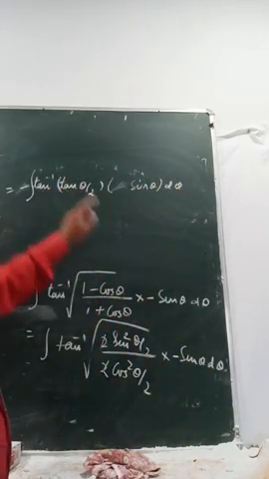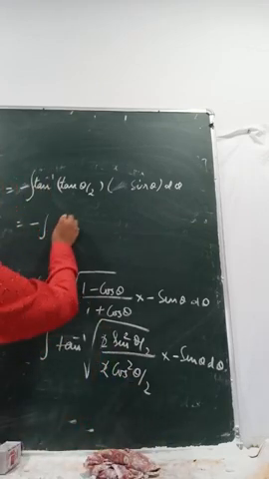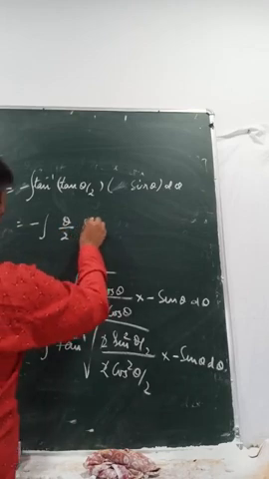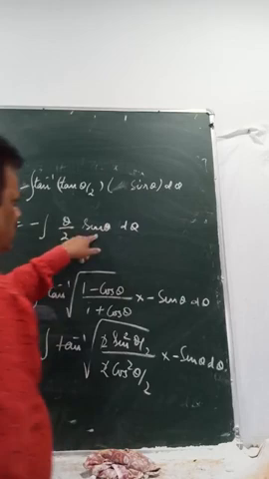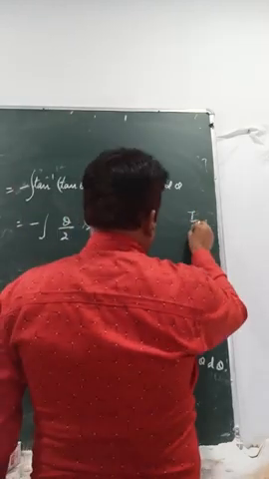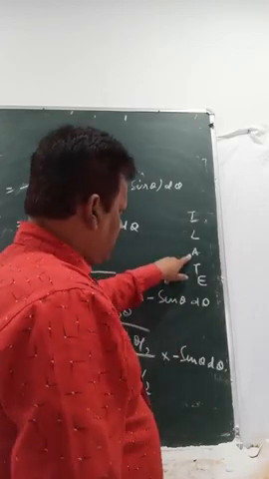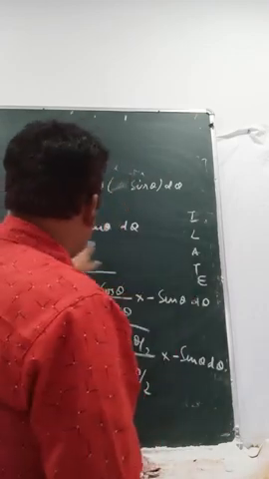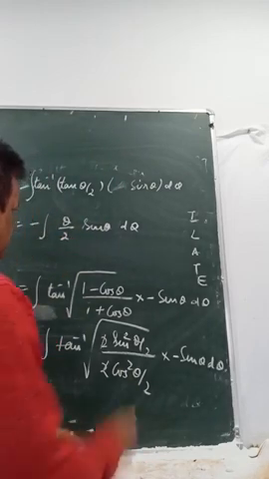So tan inverse tan cancelled. So what did you get? Theta by 2 sin theta d theta. Now you got two functions, isolate. First is auxiliary function, then trigonometric function. That means theta is your first function, this is your second function.